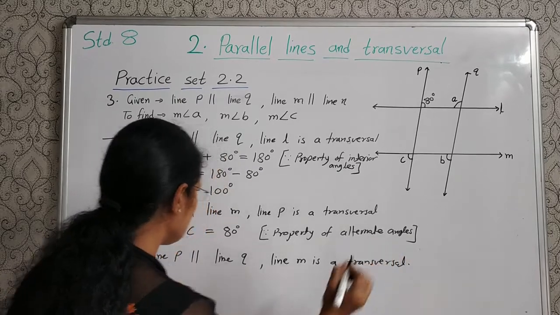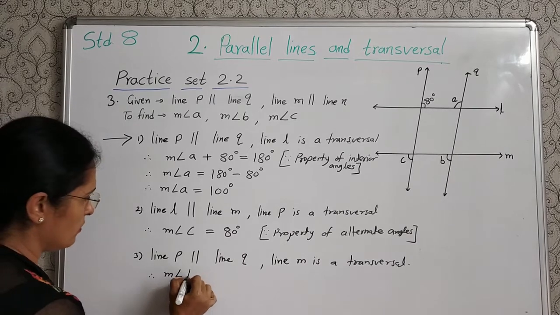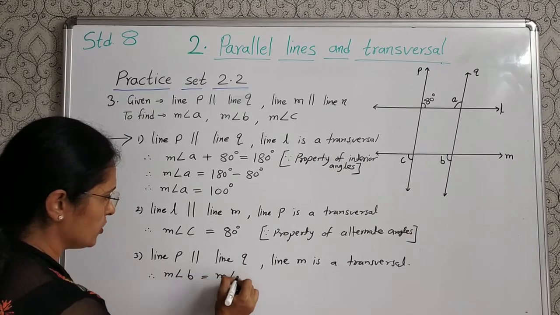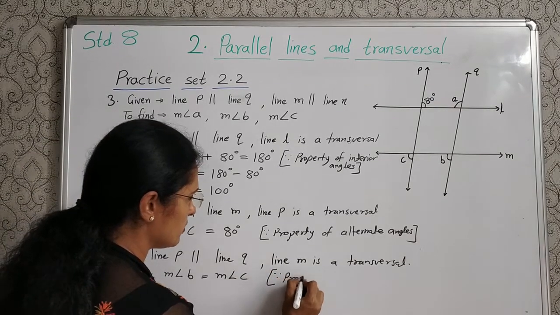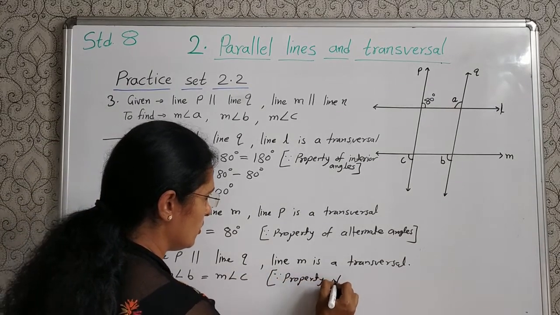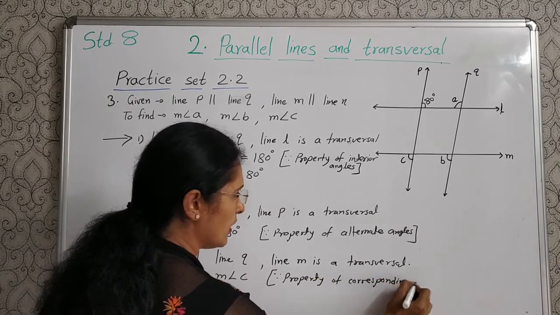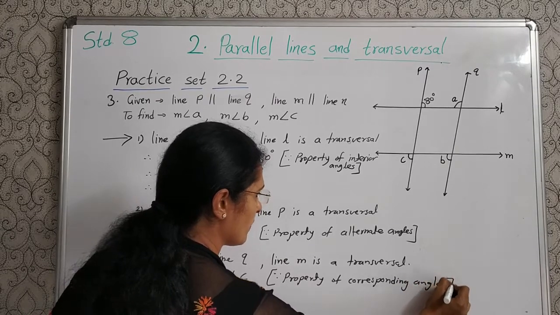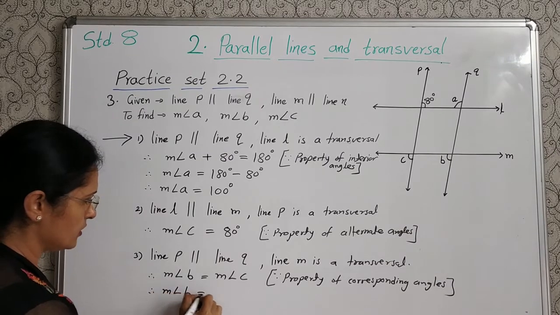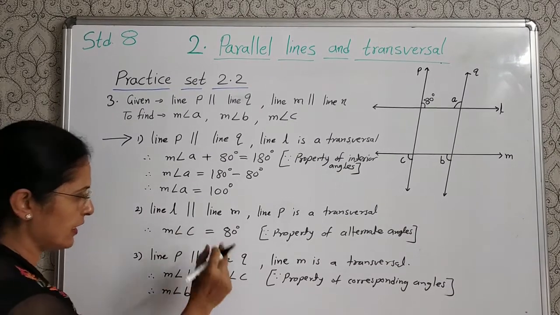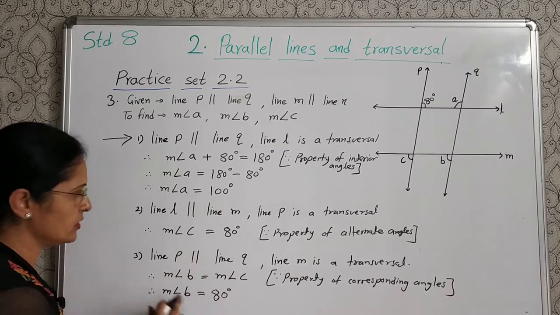Therefore measure angle B is equal to measure angle C. Here the reason: property of corresponding angles. And therefore measure angle B is equal to, notice the measure angle C, it is 80 degree. So write here 80 degree and therefore measure angle B is equal to 80 degree.